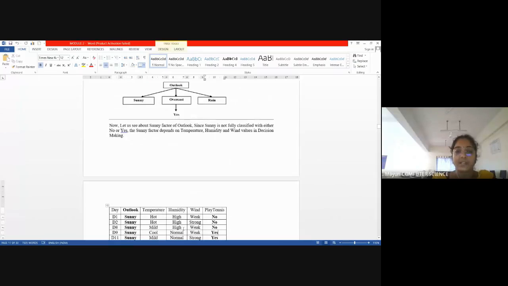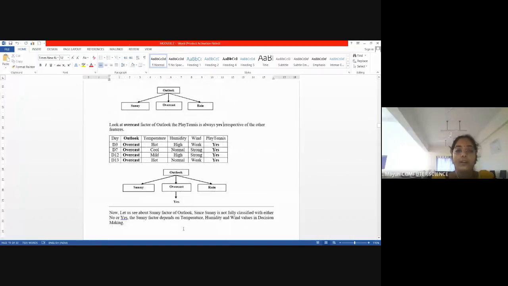This is the partial tree we have constructed as of now. But now what we have to do? Now, this path is completely done. It is fixed. The middle path, the overcast path, is done. Now I have to worry about the left branch and then the right branch. I'm going the path from outlook to sunny.